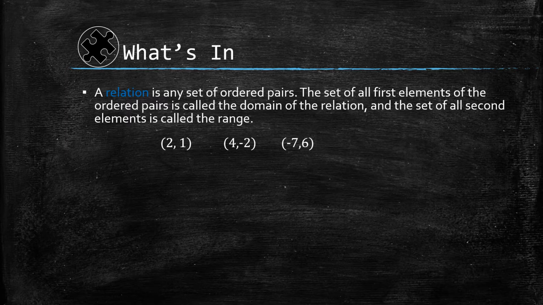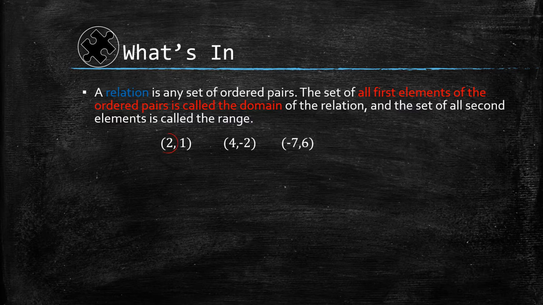So all the first elements of the ordered pairs are called the domain.